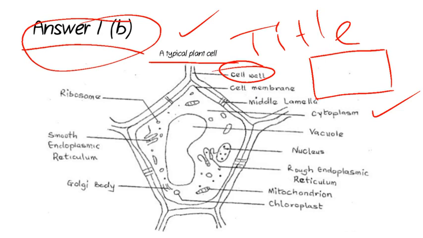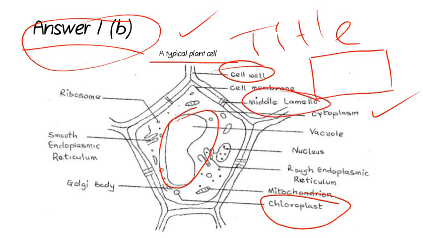A plant cell has a centrally located vacuole. This is specific to a plant cell, unlike the animal cell. A plant cell has a chloroplast. This is specific to the plant cell. Also, a plant cell has a middle lamella. This is also specific to a plant cell.